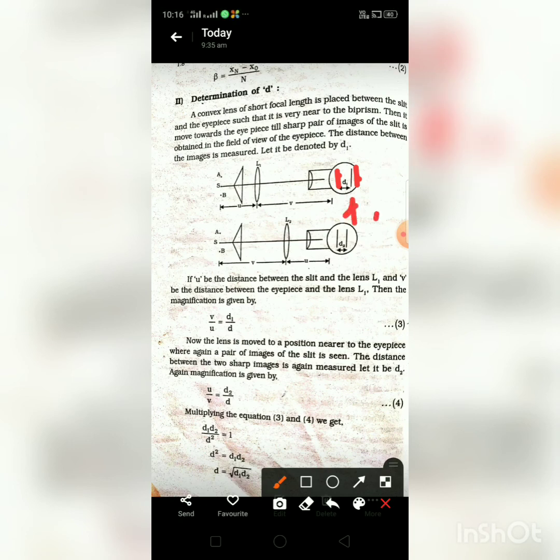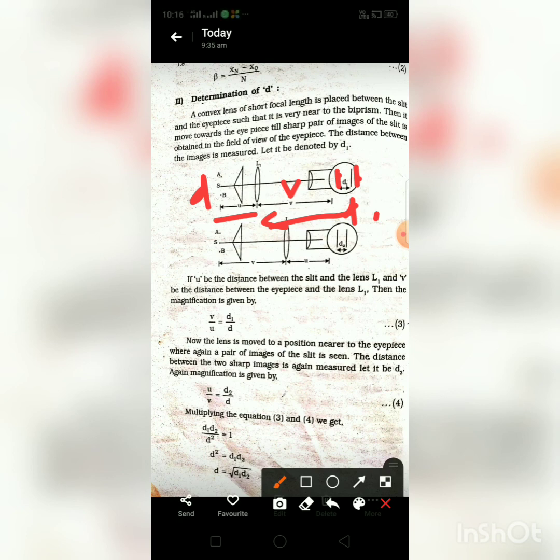The source distance we already know is small d. The distance between the source and the lens is u, the object distance. And the distance between the lens and the eyepiece is the image distance, which we represent as v.